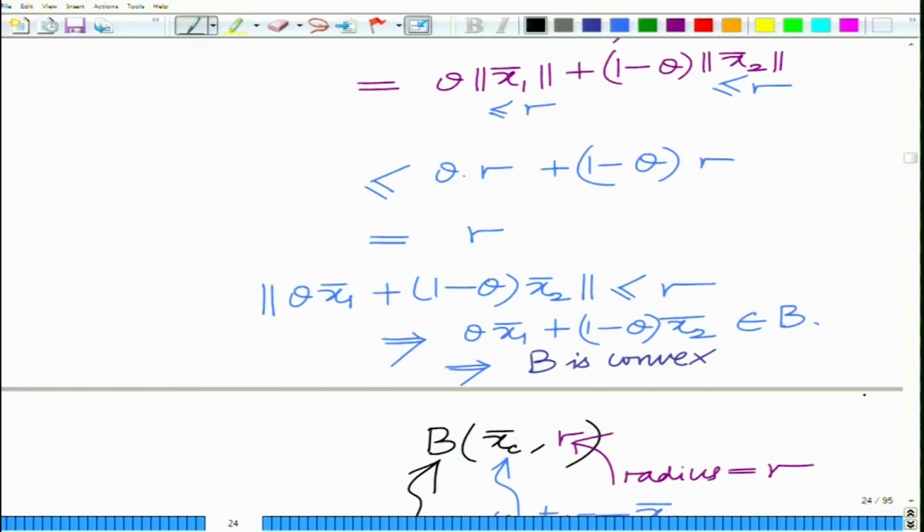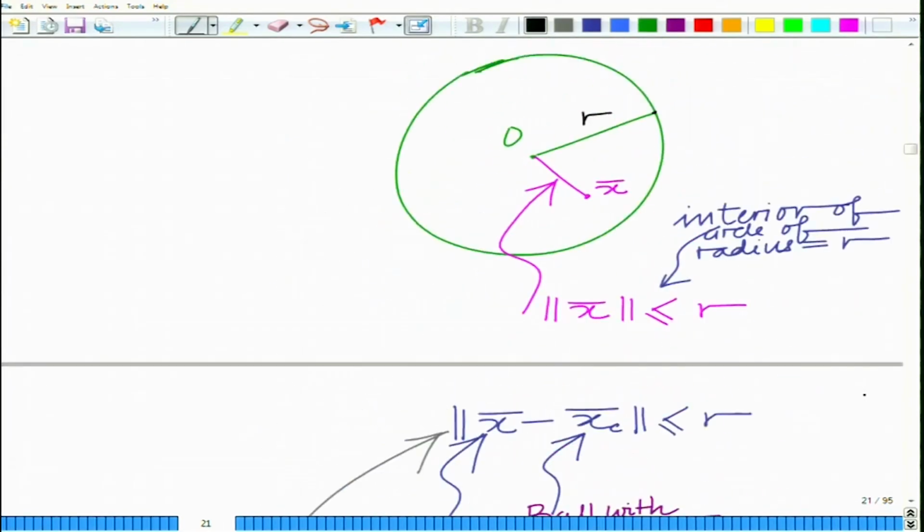For instance, I can always write this x bar equals r times some vector u bar, correct, where u bar is a unit vector in this direction, or norm of u bar is less than or equal to 1. Okay.